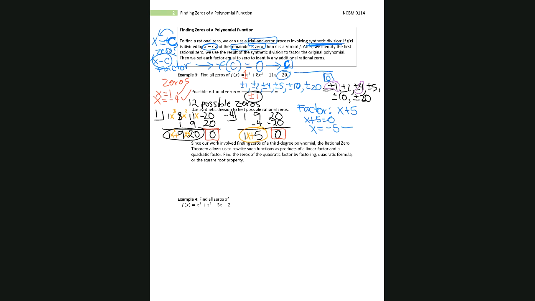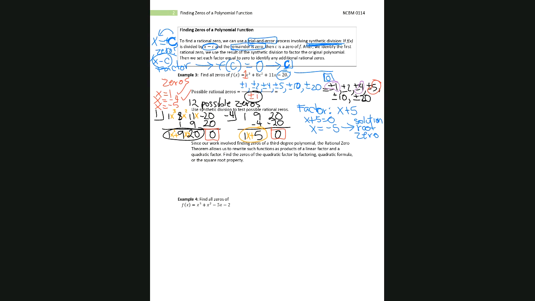And so that one right there will be my third solution, or root, or we also call it 0. Remember, that is the x value. So we have found all three of them, and we have it right here.